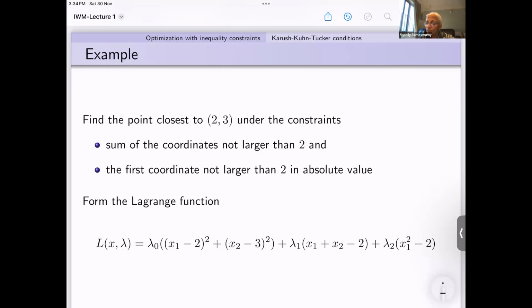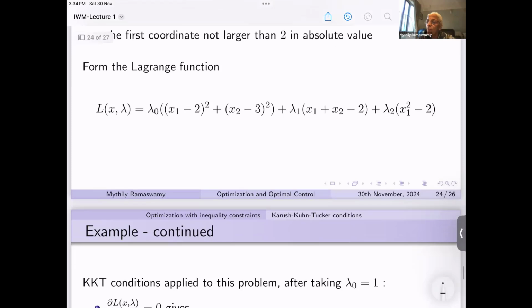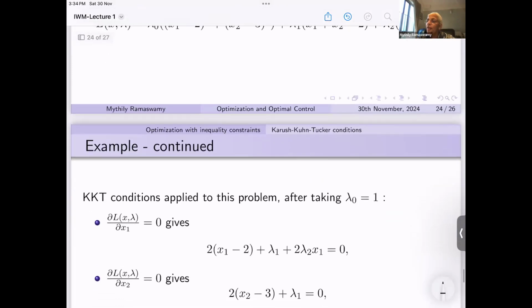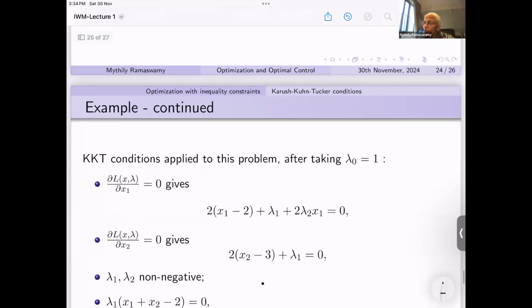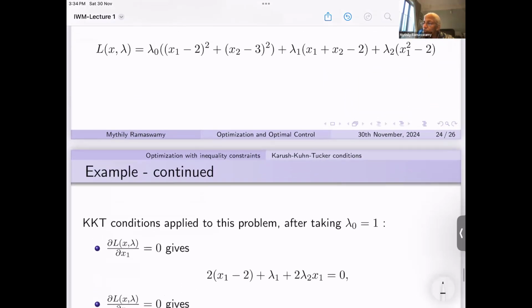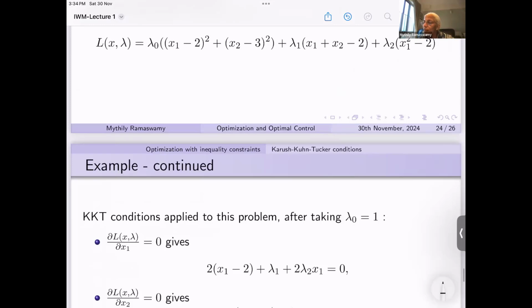So remember this; we go to the application of KKT. Now, what does KKT give you? I need to keep the function in sight. When you apply KKT, the first condition is dL by dx1 must be 0. I have taken lambda naught equal to 1.